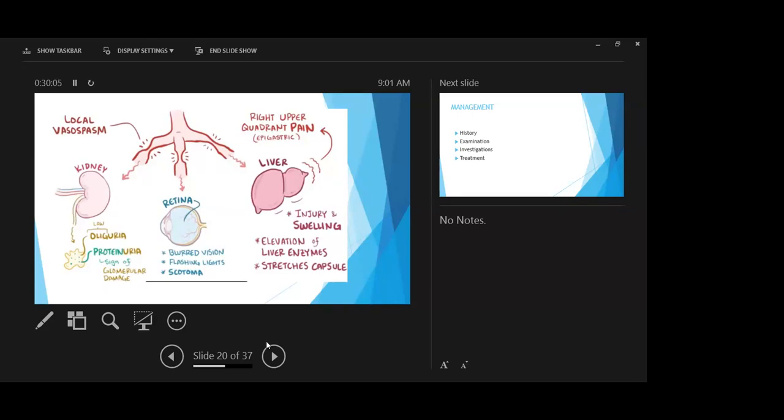Not necessarily that a woman with 160 or 170 by 110, 120 would have a convulsion. Sometimes even a lower level of blood pressure could result in convulsion.